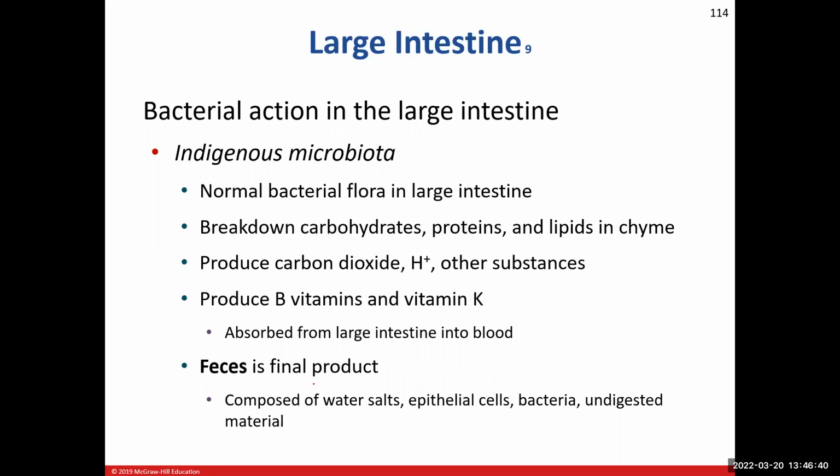And what they do is they help with the breaking down of our macromolecules. We call this type of bacteria indigenous microbiota, which stands for normal bacteria that's supposed to reside. We title it normal bacterial flora. This is the type of bacteria that you want to have.